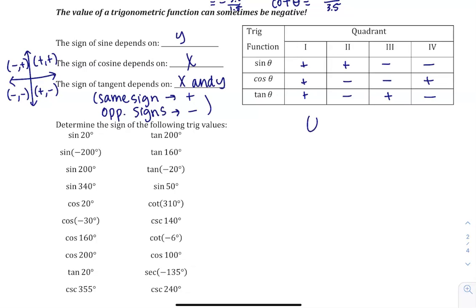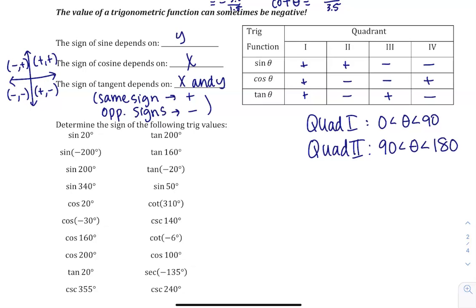So remember, quadrant 1 is angles from 0 to 90. I guess technically if they're equal to their quadrant angles. So between 0 and 90. Quadrant 2 are angles between 90 and 180. Let's put some degree signs.